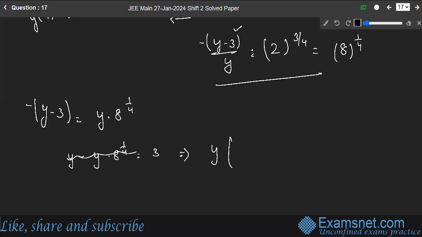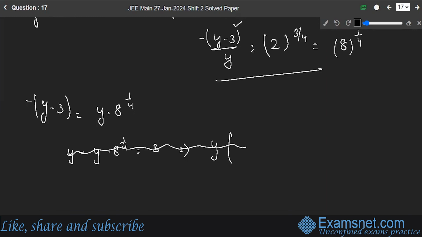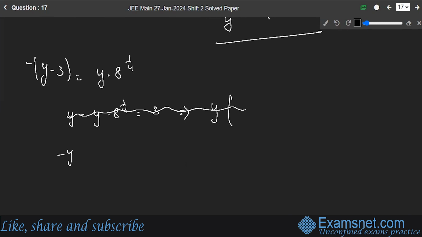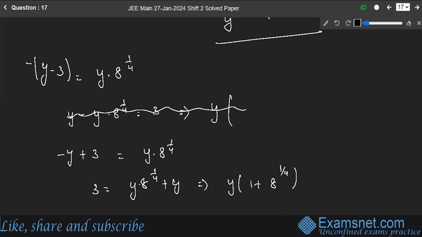This one I'll rewrite. So this will be minus y plus 3 is equal to y into this. Or you have 3 is equal to y into 8 power 1/4 plus y. Let's take y common, 1 plus 8 power 1/4.